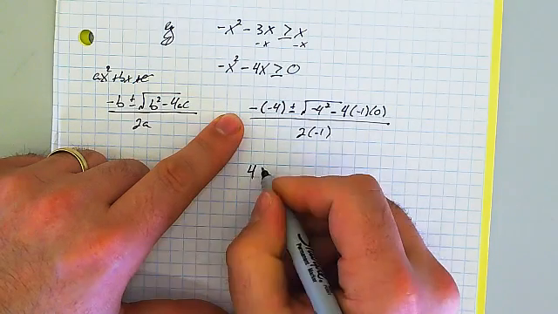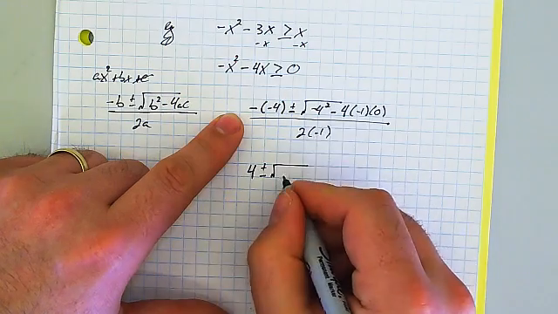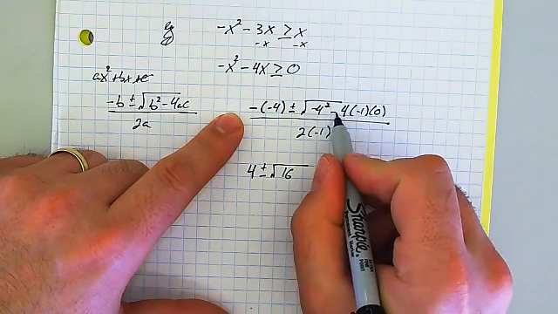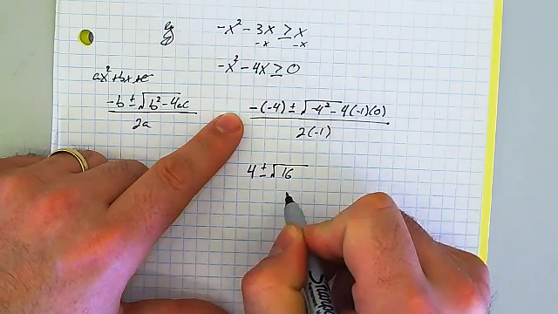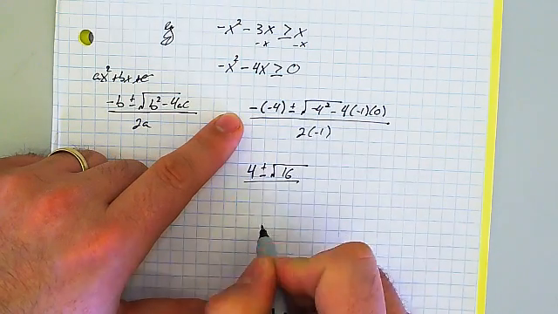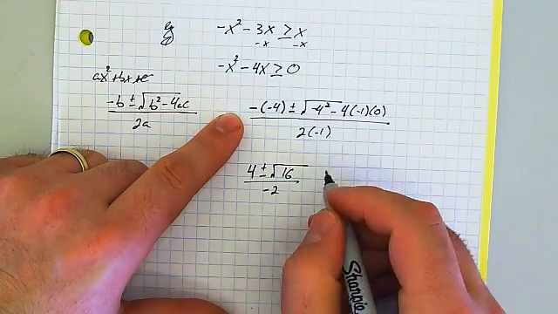Negative of negative 4 turns into positive 4 plus or minus the square root of negative 4 squared, which is 16, minus negative 4 times 1, which is positive 4, and 4 times 0 is simply 0. This will be divided by negative 2.